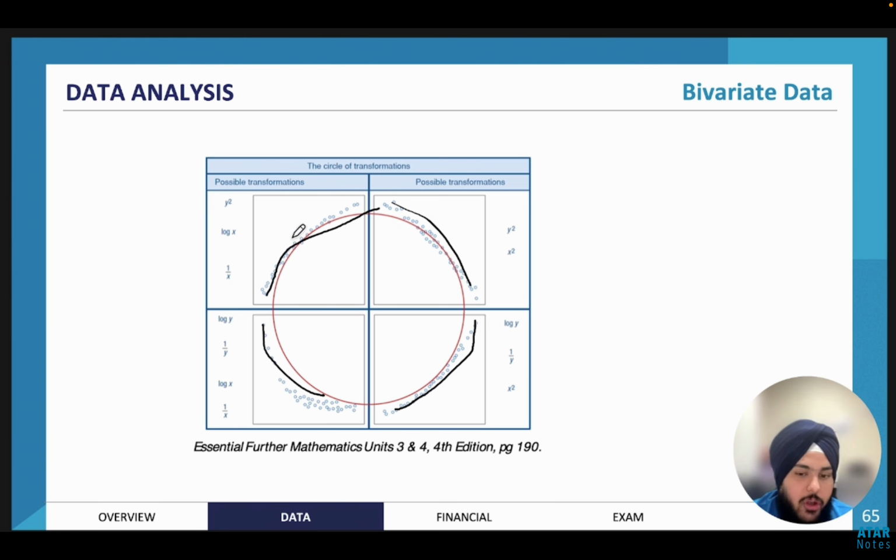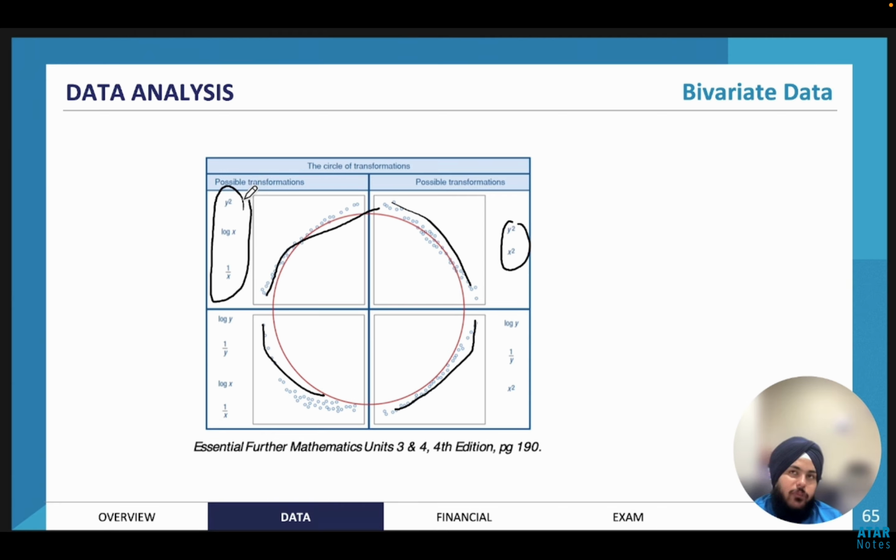Once we have determined which one of these a graph looks like, and this is called a circle of transformations, which all of you should have in your data book, we can determine which transformation to use. And just a disclaimer, in the exam, you'll never be required to determine out of these three which one's the best. They'll usually tell you, log x is the best, so therefore use this. So you will never have to do this.